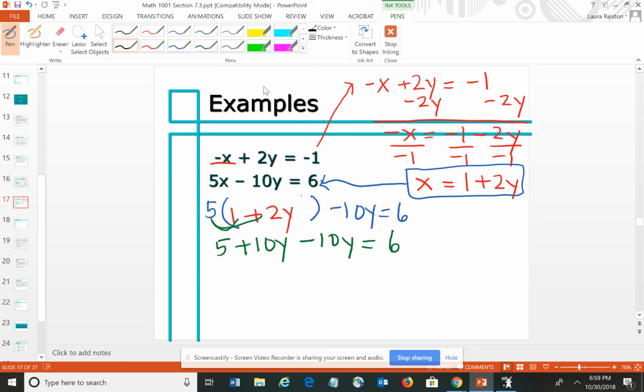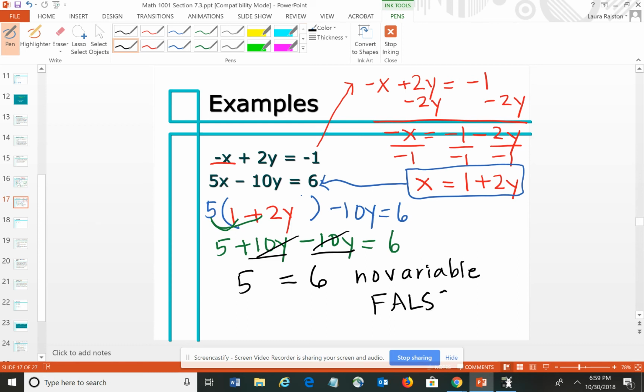So I have 5 plus 10y minus 10y, which zeros out, and I end up with no variable remaining, and it says 5 equals 6, which is a false statement. Because that is a false statement, that lets me know that this particular system has no solution. So if you work through the problem and you end up with no variable and a false statement, you have no solution.